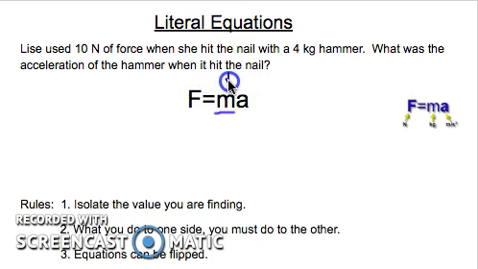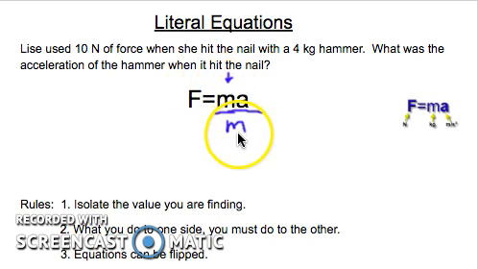Now we can't just completely get rid of it because it's part of the formula, but we can get it on the other side. Anytime you have things that are multiplied together, you can isolate a value by dividing by everything else. So in this case, we're trying to isolate a, and we just need to get rid of the m and put it over here.